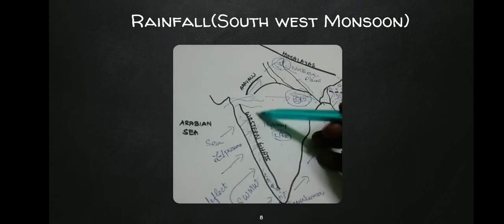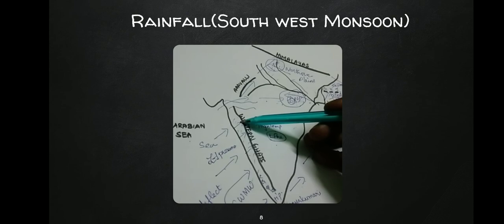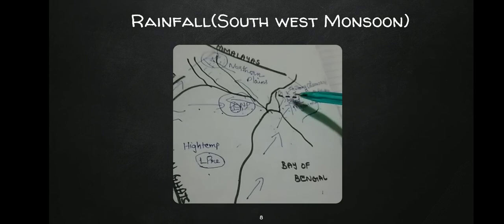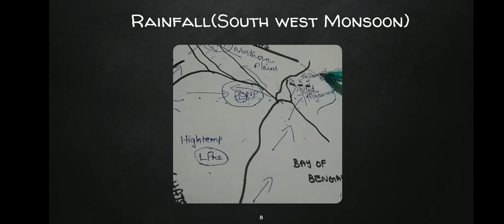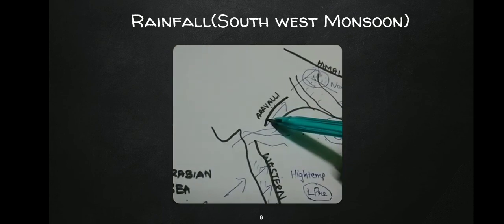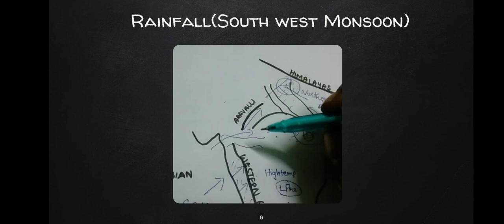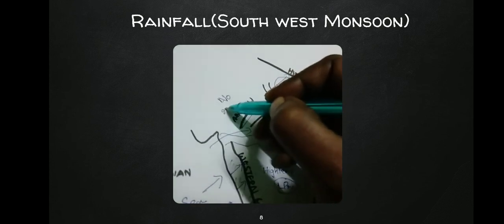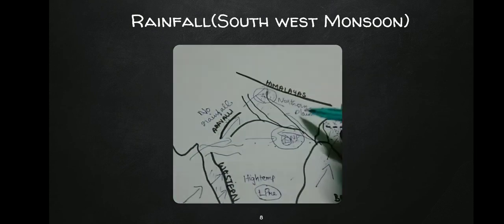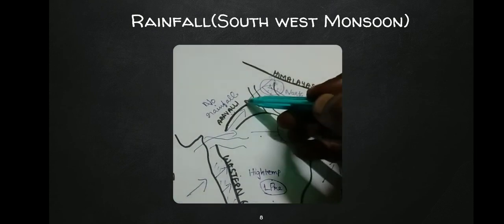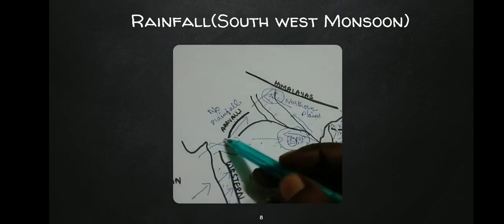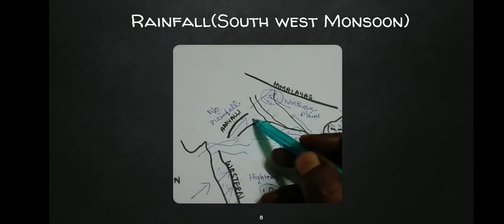As the Western Ghats serve as a barrier, the western slopes receive heavy rainfall. As the Purvachal Hills or Garo-Khasi Hills serve as a barrier, this part receives heavy rainfall. Whereas the Aravalli being parallel, this place becomes a no rainfall region, because the wind, either the Bay of Bengal branch could not reach or cross over the Aravalli, or the Arabian Sea branch, they go parallel giving no rainfall.